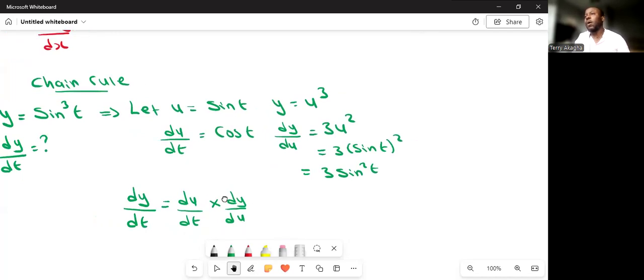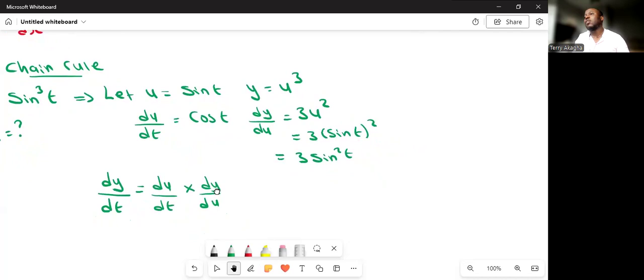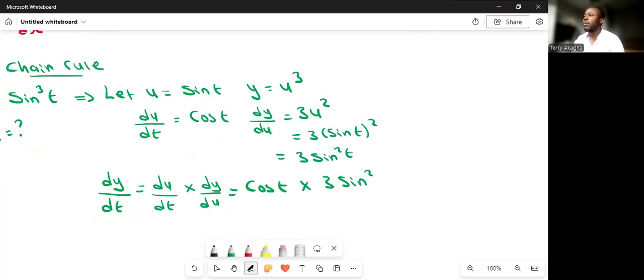The only way to get dy over dt is by multiplying du over dt by dy over du, according to the chain rule. Is that making sense? That gives us cos t multiplied by 3 sine squared t, which is 3 cos t sine squared t. So that will be the answer for that.